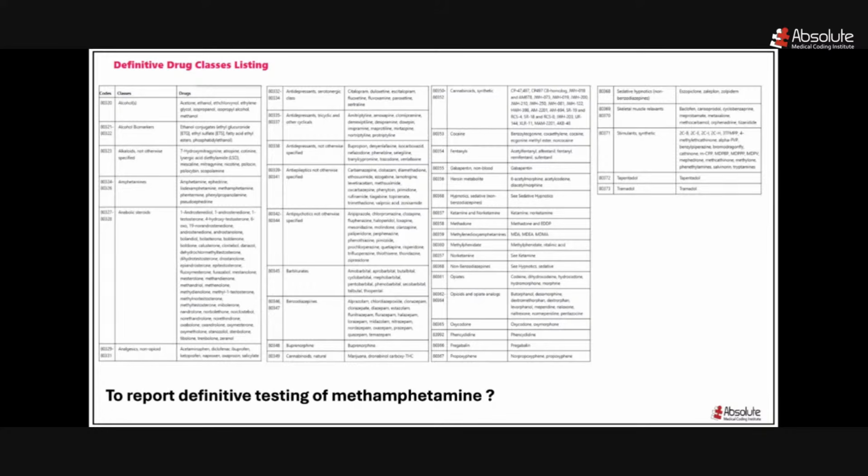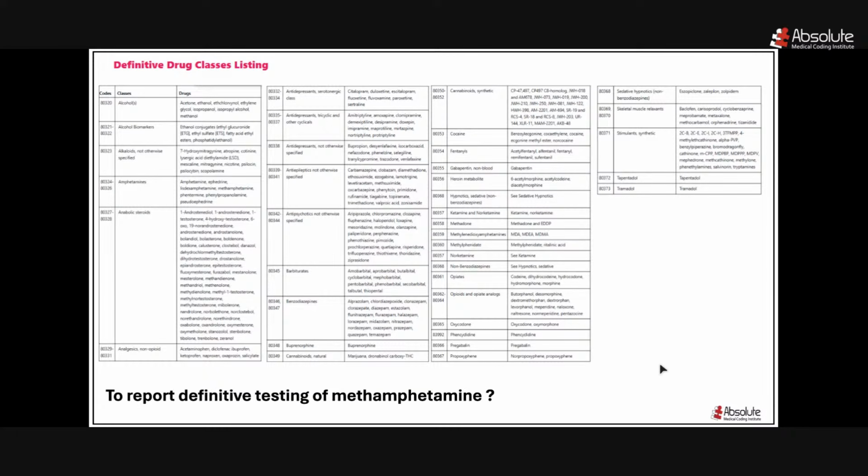So which drug class does methamphetamine belong to? Can you locate it using this table? Okay, I can't see any answers in the chat. Are you able to find it?